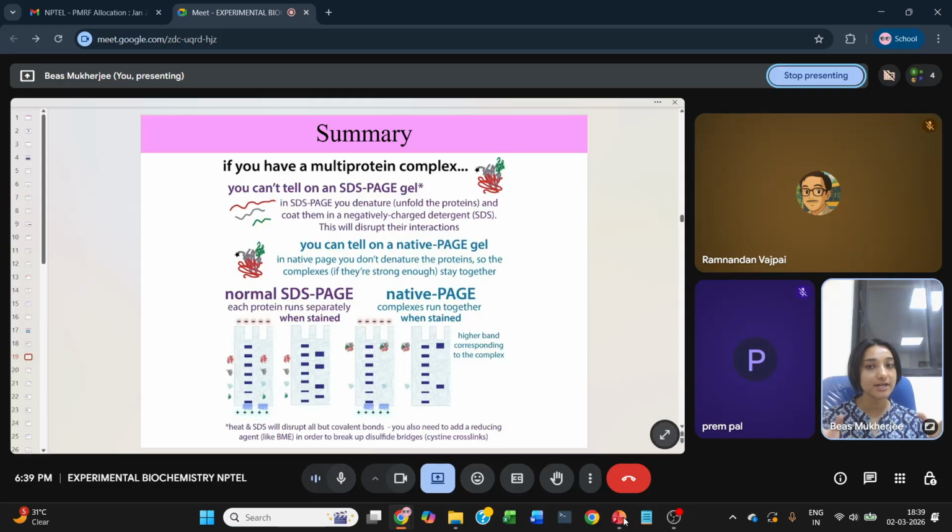So here all the interactions are maintained. In normal SDS-PAGE, you can say how many proteins are there, whether they are dimers, whether they are monomers, that you can study, and you can compare that with the native protein complex, and you can check whether the molecular weight there is matching with the molecular weight here, and from there we can tell the stoichiometry.